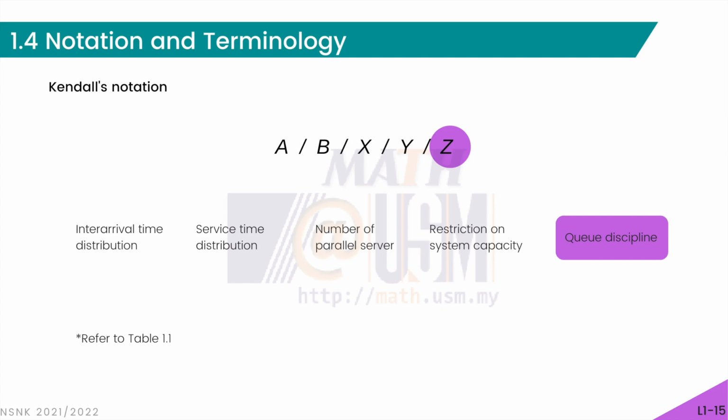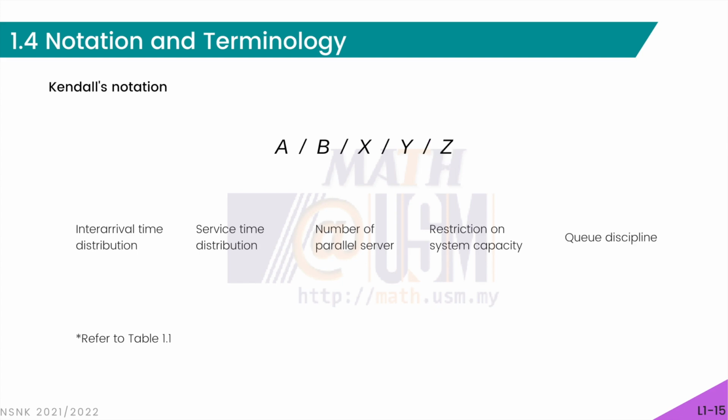For example, M/D/2/∞/FIFO indicates a queuing process with exponential inter-arrival times, deterministic service times, two parallel servers, no restriction on the maximum number allowed in the system, and a first in first out queue discipline. You can refer to table 1.1 for more information on the notation.